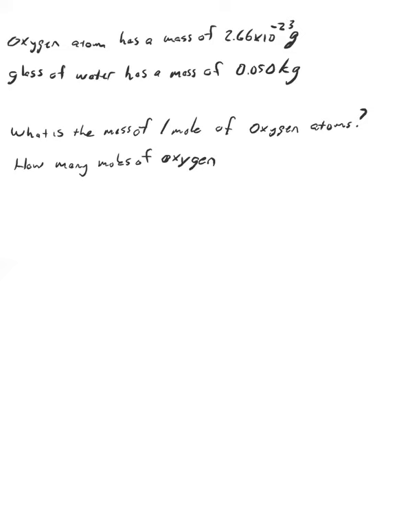They're saying oxygen atoms. So that's a way of telling you don't do O2. If it just said oxygen, you would do O2. But if it says oxygen atom, then it's just O. Okay. So how many moles of oxygen atoms have a mass equal to the mass of a glass of water?